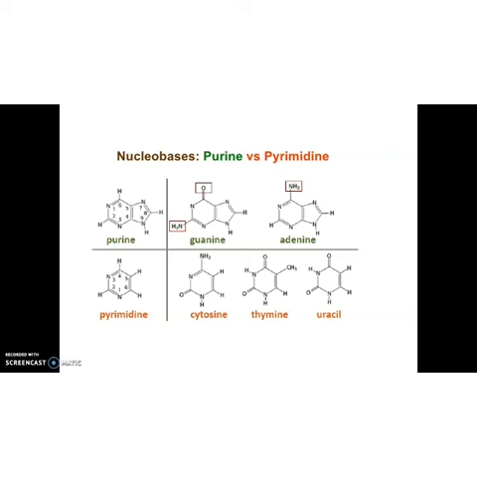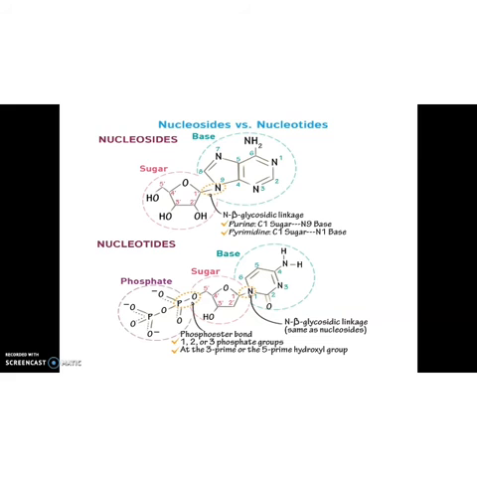Clear? Then, see here, if only these nitrogen bases and a sugar moiety are attached, it is termed a nucleoside. Whereas if a phosphate group is attached with it, we call it a nucleotide. And DNA and RNA are the polymeric forms of these nucleotides.